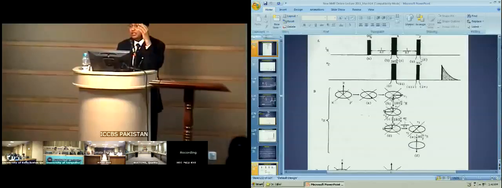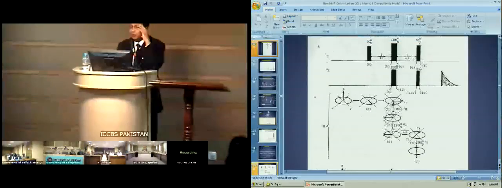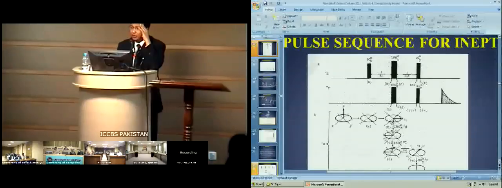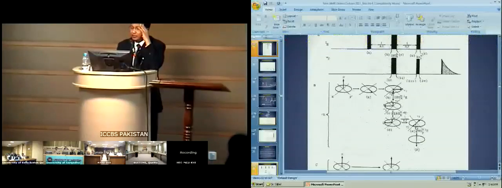But what you do is the following: you carry out a 90 pulse in this situation. This 90 pulse inverts the magnetization into the longitudinal part.